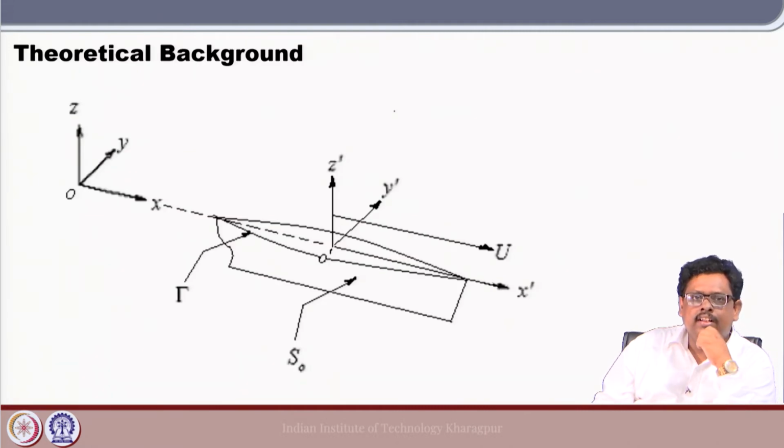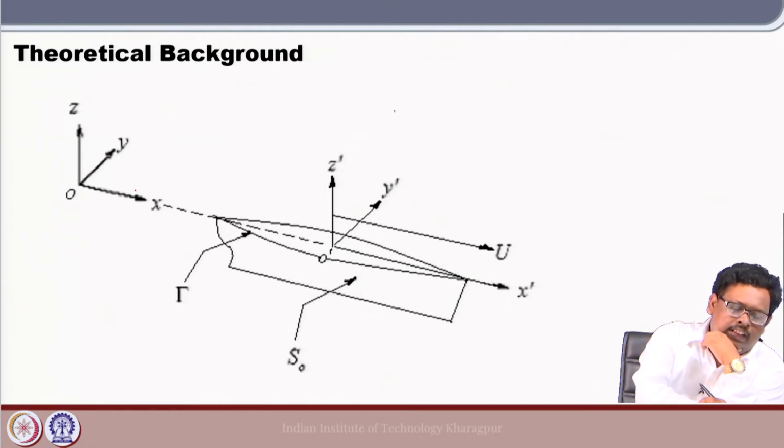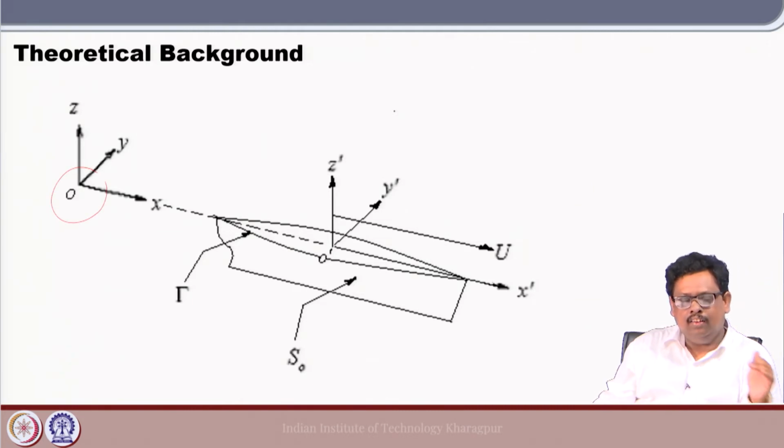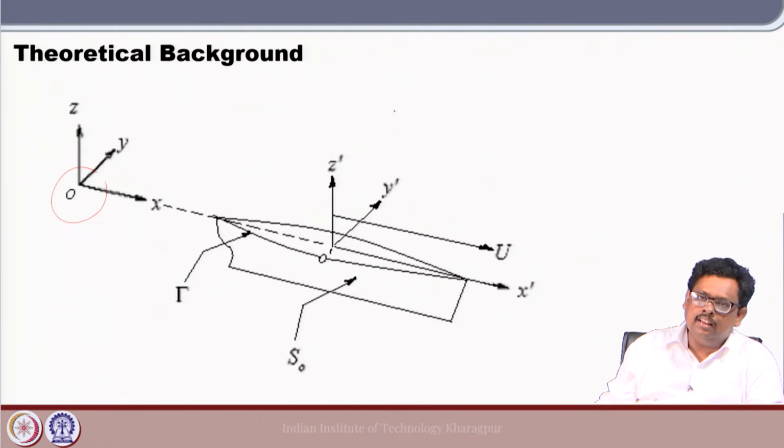Now, as a theoretical development, we have defined two coordinate systems. O x y z is the earth fixed system, and then of course, we need another coordinate system, which is the body fixed coordinate system, x dash, y dash and z dash, right.